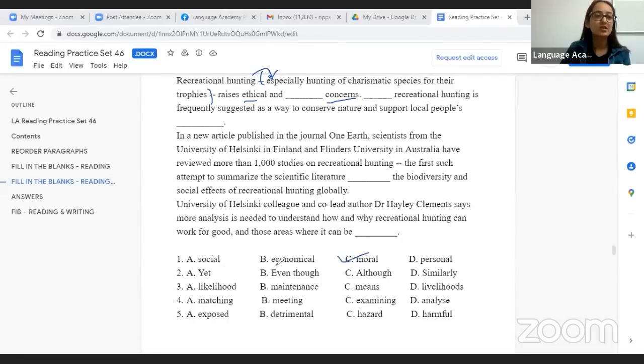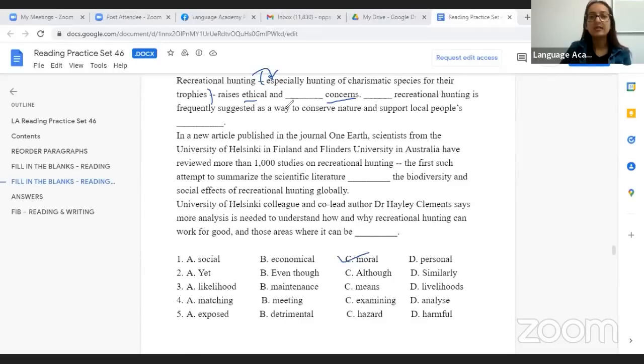Economical means financial perspective, but they haven't talked about money anywhere, and it's not anybody's personal concern about hunting. So it's ethical and moral. Ethical and moral means whether it is right or not for an individual or for anybody to do it, whether this hunting form is right or not. So that is ethical and moral.